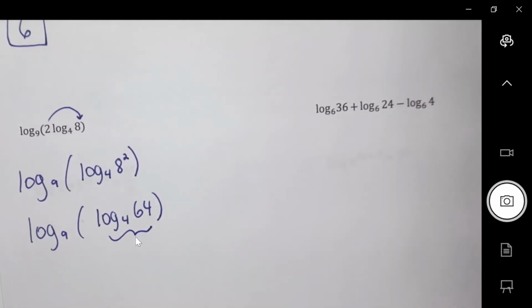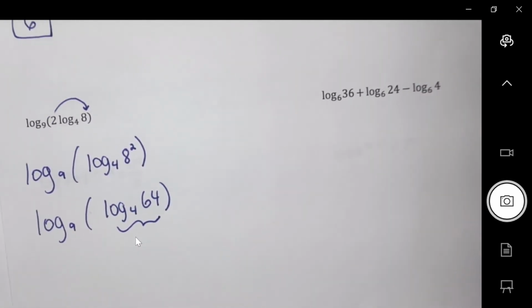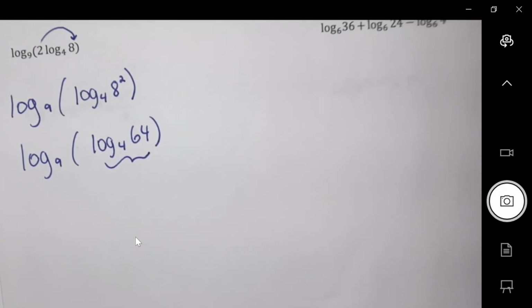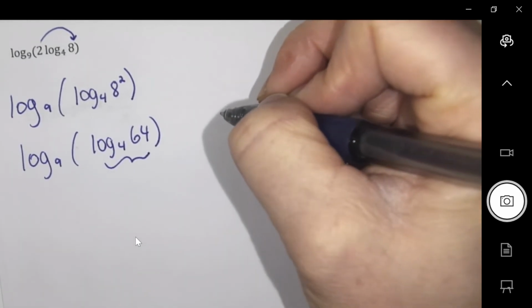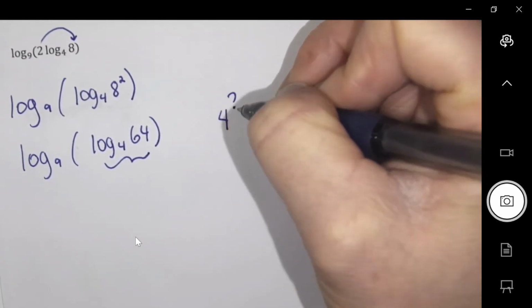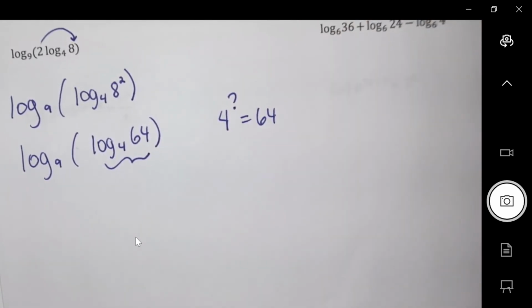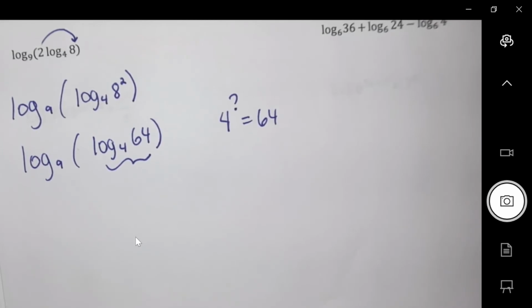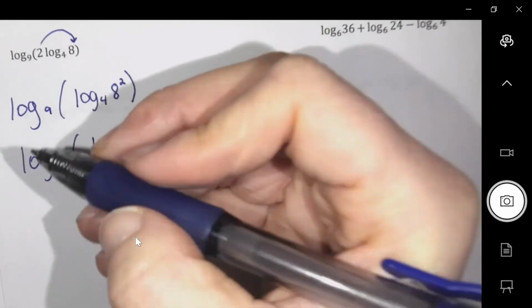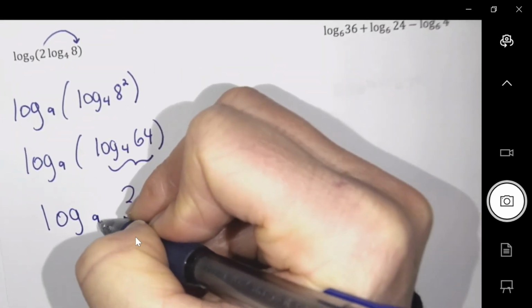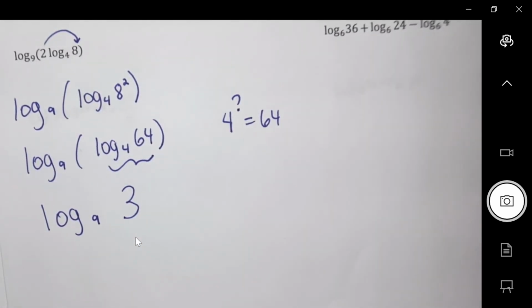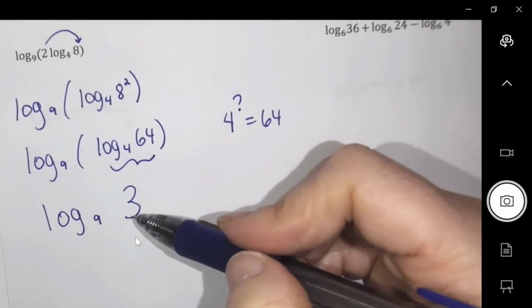Okay, I need to do this evaluation first. Okay, so what's your brain going to say? I need 4 to something that will make a 64. So 4 to the, what exponent would you need there? 3. Okay, so that turns into a 3.